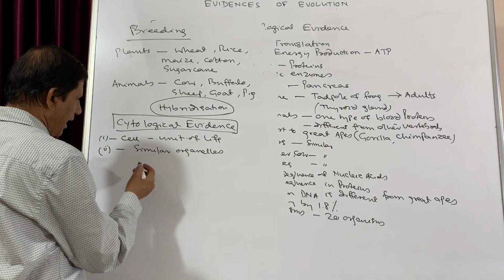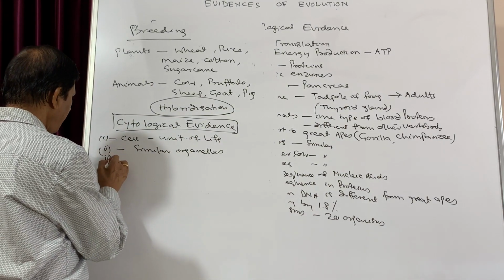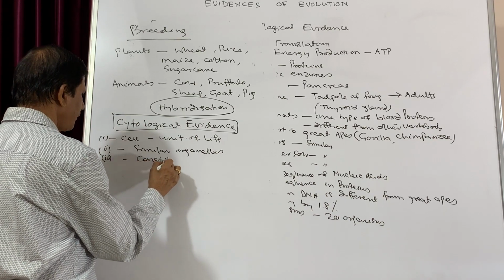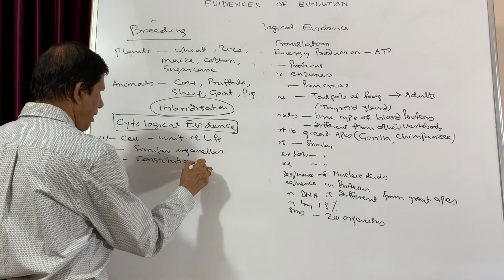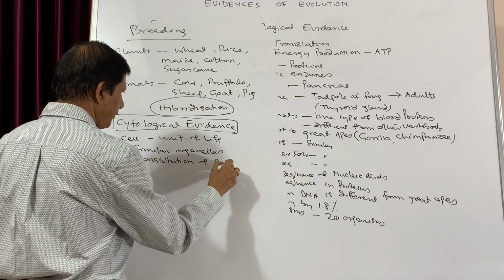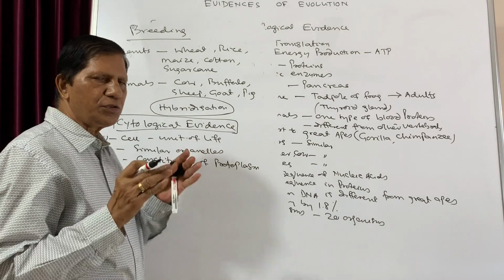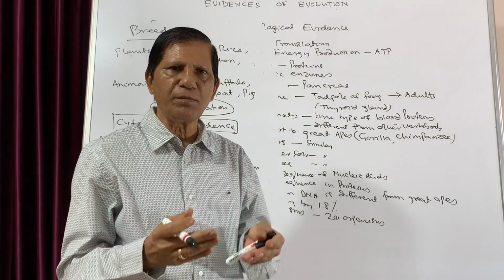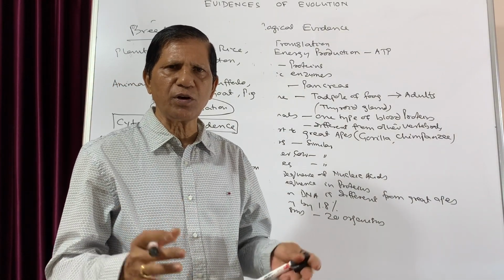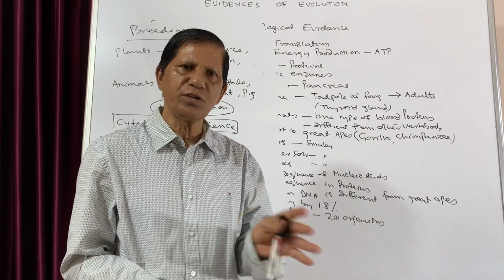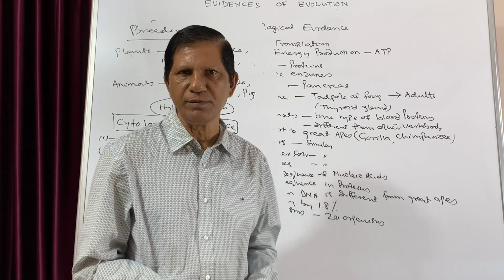And the third point is the constitution of protoplasm. That means how much carbon, hydrogen, nitrogen, sulfur, phosphorus are present in protoplasm is almost similar in all types of organisms.